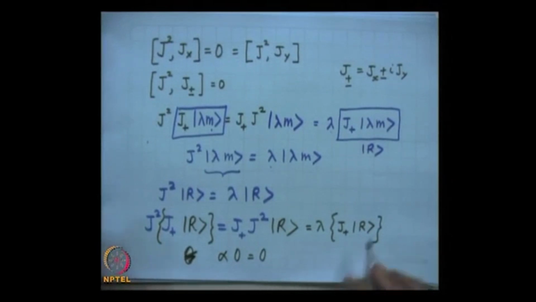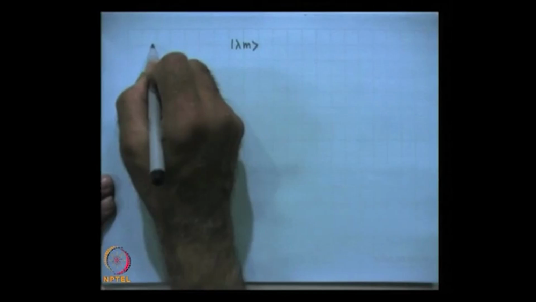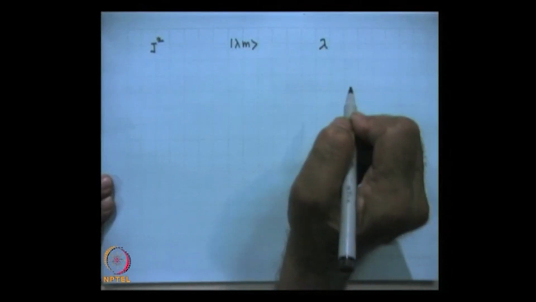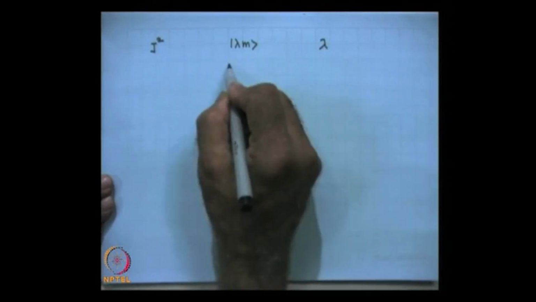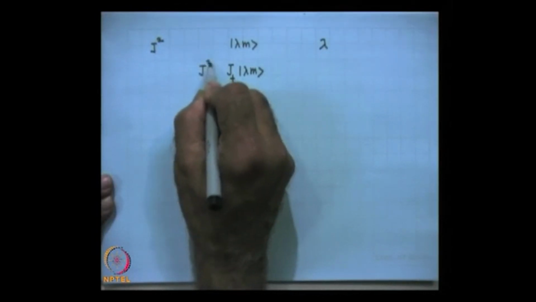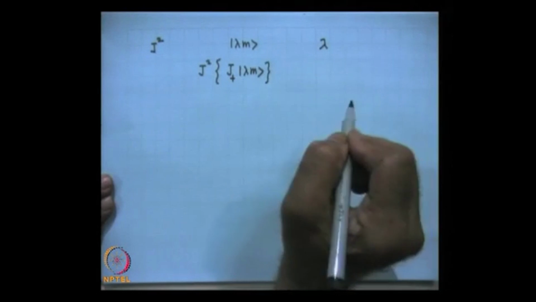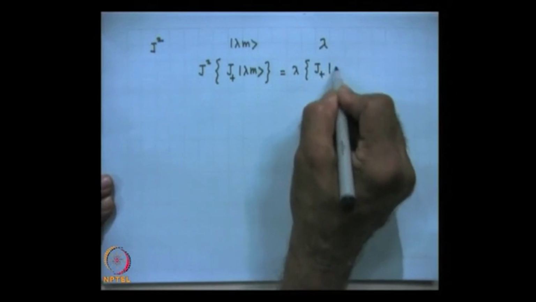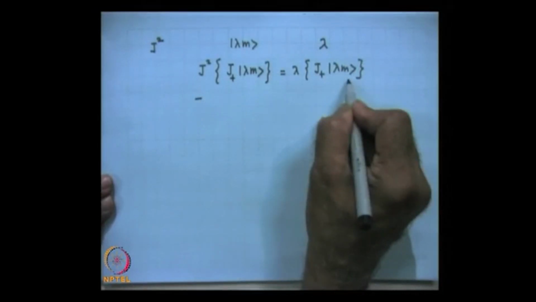So, therefore, we conclude that if ket lambda m is an eigenket of j square belonging to the eigenvalue lambda, then j plus ket lambda m is also an eigenket of the operator j square belonging to the same eigenvalue lambda, provided this is not a null ket.